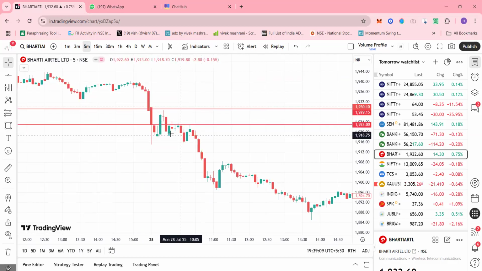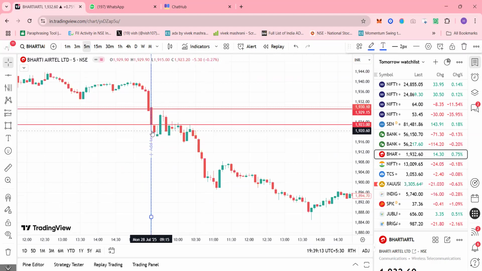That is Monday. This is the 10 o'clock candle. First the 5 minutes candle and then the 10 o'clock closing candle also. I'll mark both, so I don't have to do it twice.